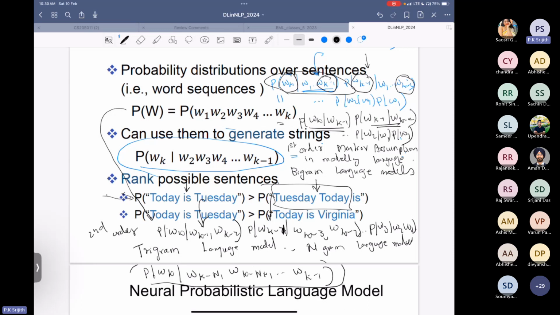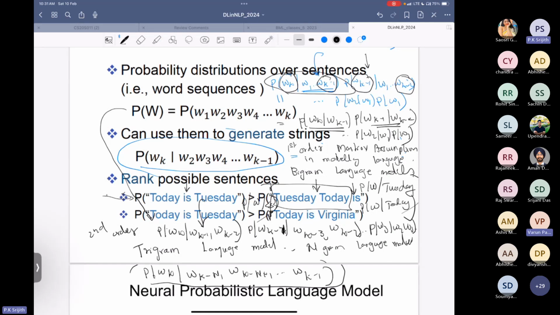Maybe you try to sample a word from the conditional probability P(W | Tuesday), and you end up sampling the most probable word which should follow Tuesday. Then you can think of sampling some word for P(W | today), and also some word given the start symbol.